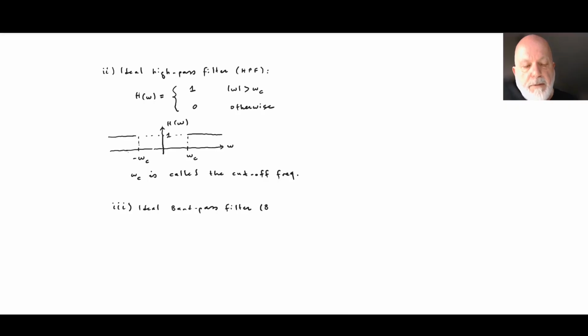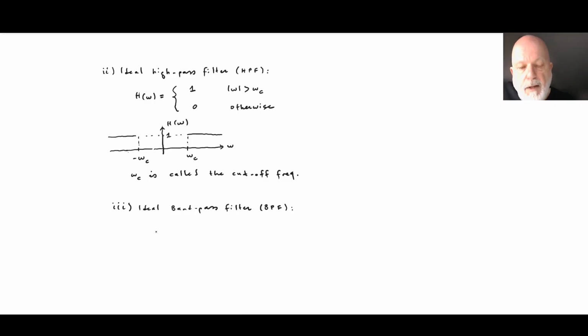So the abbreviation is bandpass filter, BPF. Okay, here, as the name implies, frequency components in a certain band of frequencies will be passed by the system and the others will be rejected.